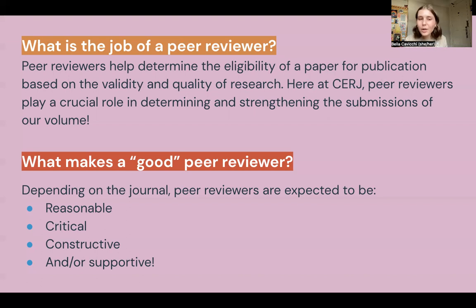Another question, and certainly one I've always asked in my own experience, is what makes a good peer reviewer? It can vary from journal to journal in terms of responsibilities. In broad strokes, we all know a peer reviewer reviews the work, but the extent to which reviews are expected, or how critical a reviewer should be, can depend on the journal.